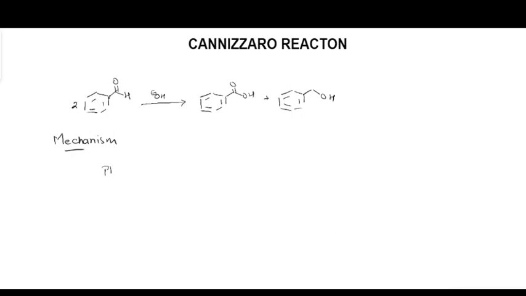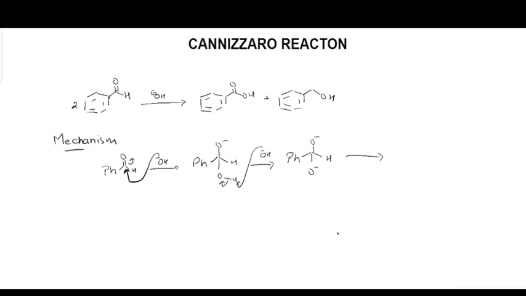The reaction starts by the nucleophilic attack of the hydroxide that comes from potassium hydroxide or sodium hydroxide, forming this tetrahedral intermediate, which then loses another proton to the base, forming a dianion, like this.